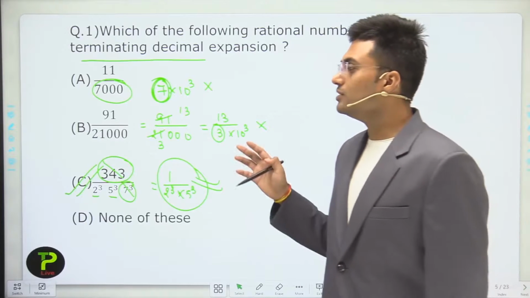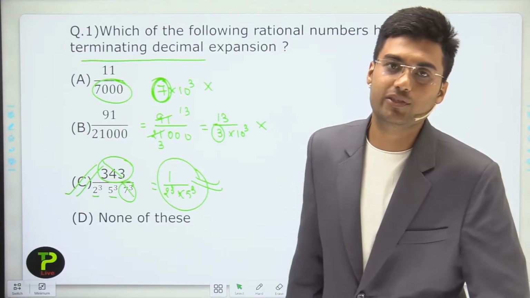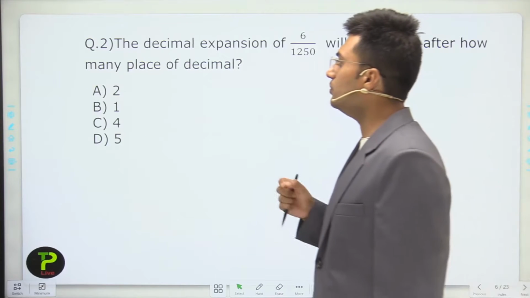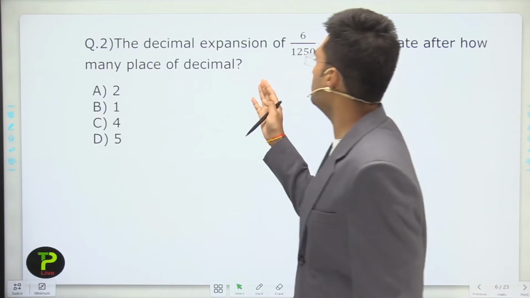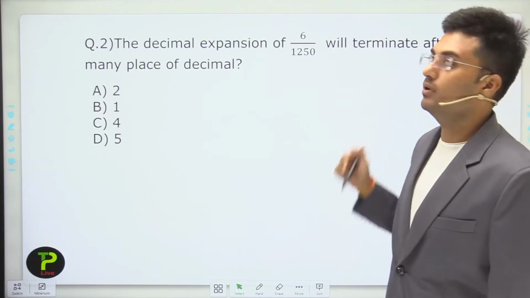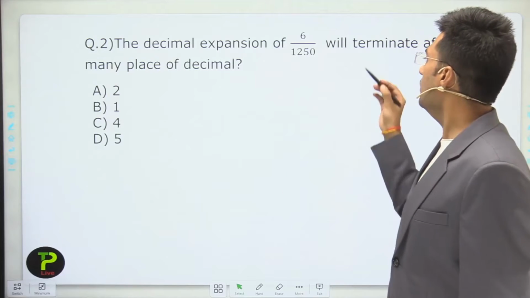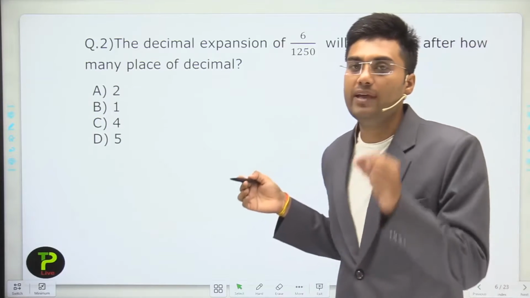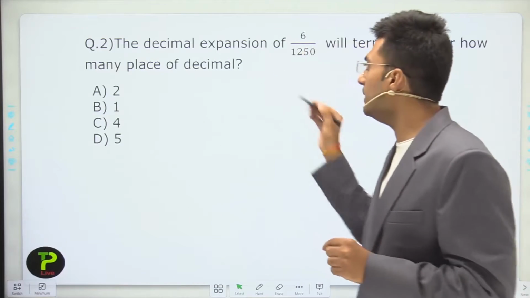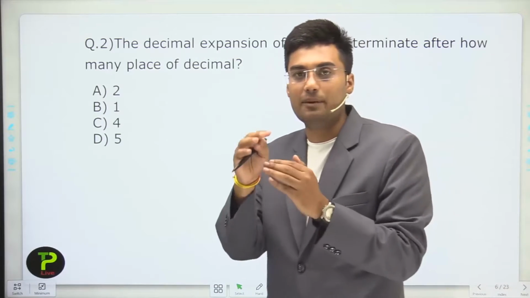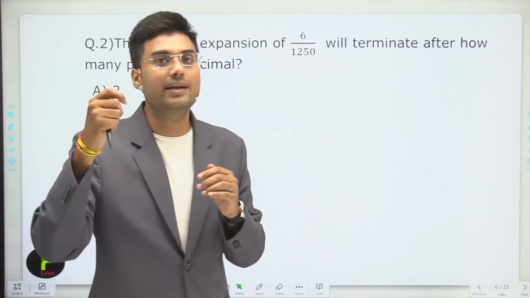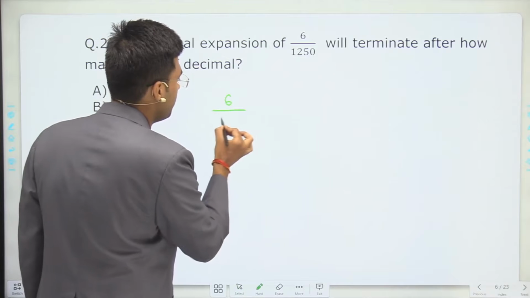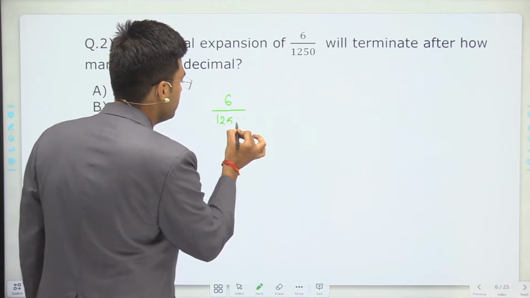Now after this question, let's move to the next question. The next question is, the decimal expansion of 6 upon 1250 will terminate after how many places of decimal? We have to find after how many decimal places the decimal expansion of this fraction terminates. So let's start the solution of this question. 6 upon 1250.